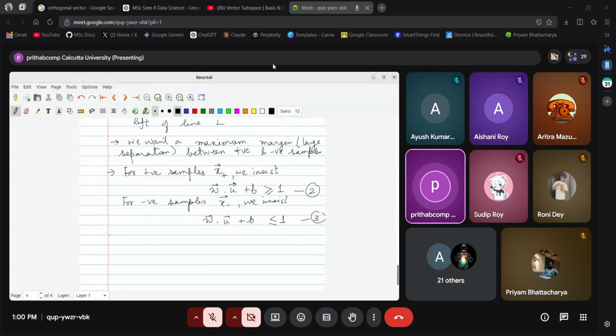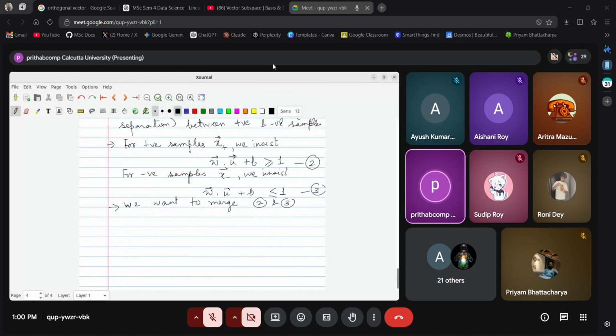Now we want to merge these. For positive and negative samples there are two different equations, so it is difficult to formulate the problem. So we want to merge equations 2 and 3 into one simple form, so that it can be used for the optimization problem formulation.